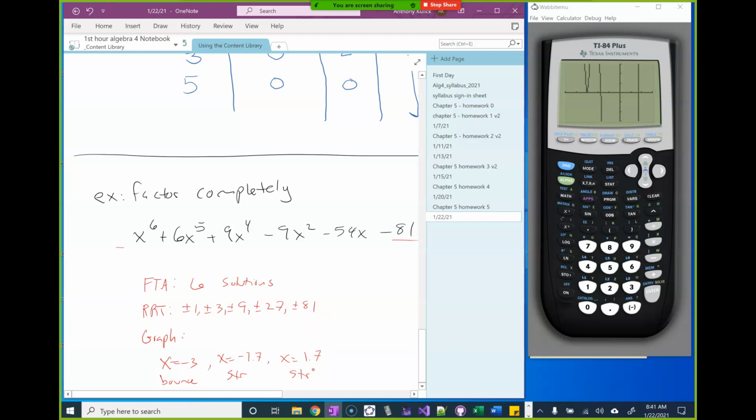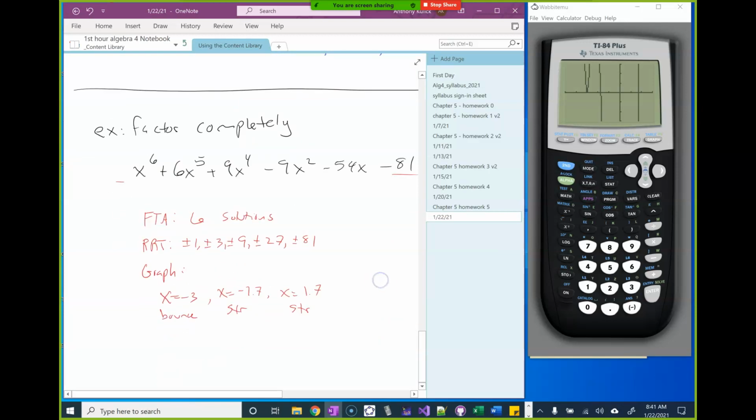So if we set up a little table here, we have the solution -3. We have some irrational stuff. We know there's 2 of those. There could be some imaginary stuff. We can never see that, but sometimes we can conclude whether it's possible or not. And we have to total up to 6, right? So with the bounce, that solution could be used twice.